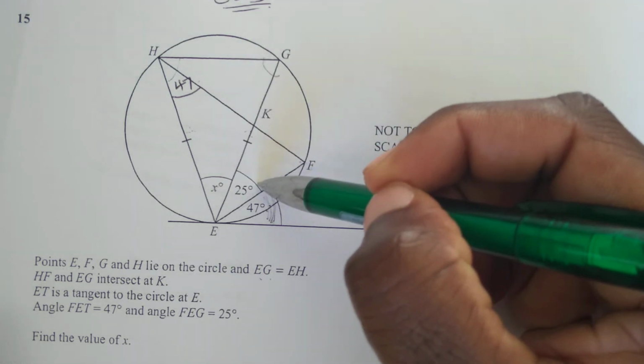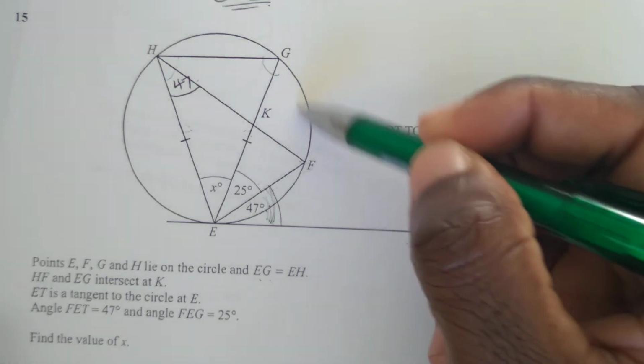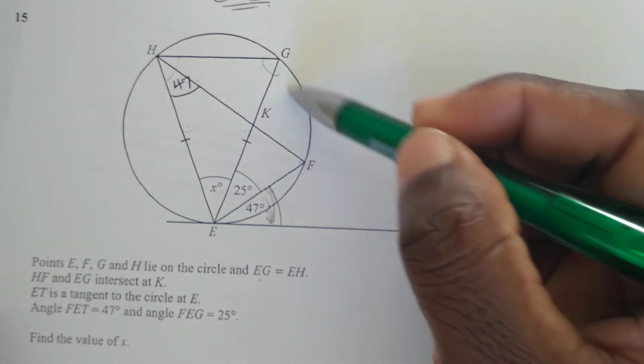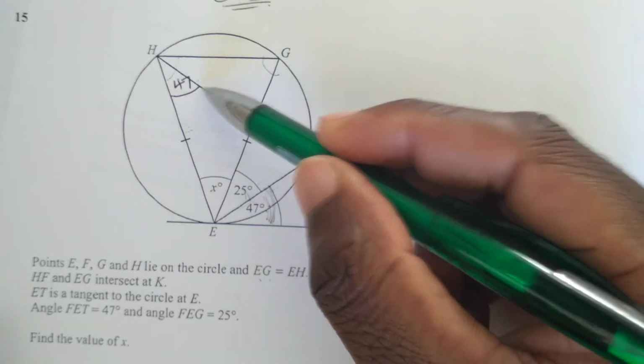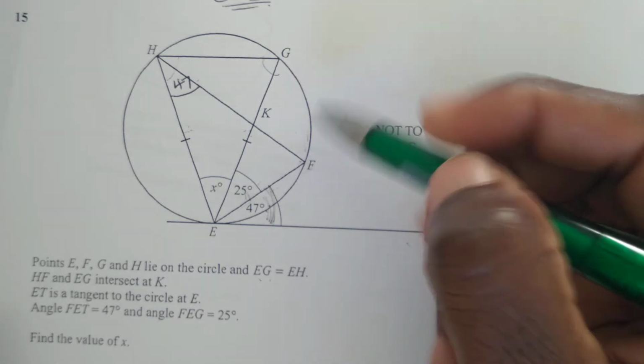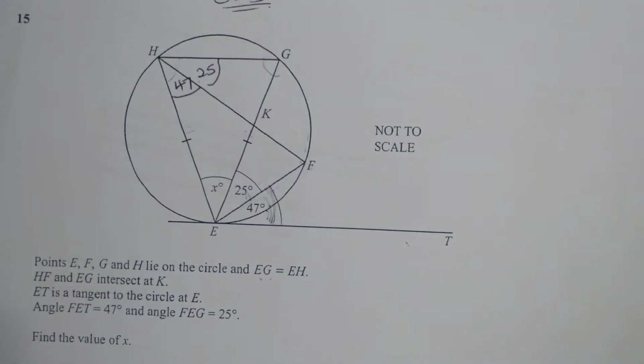This is 25. There's a theorem that says angles subtended by the same chord or arc are the same. So this angle is the same as that angle because they're subtended by the same arc there. So I'll go ahead, 25 there.